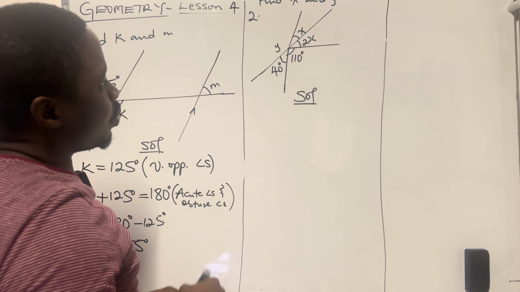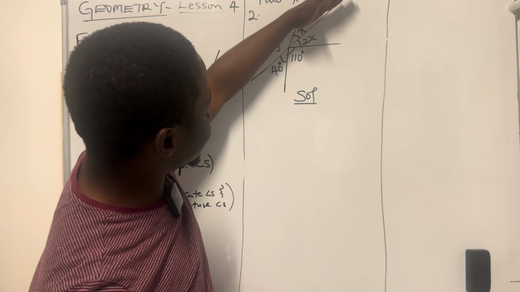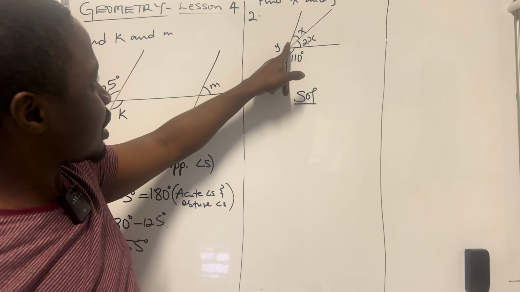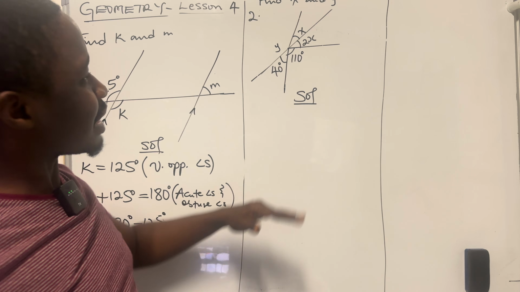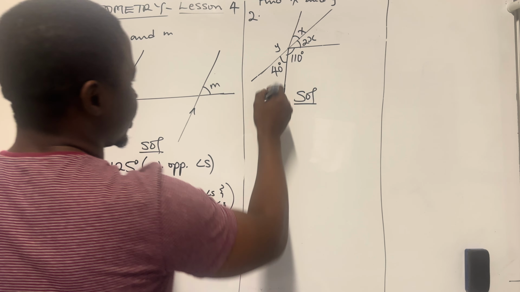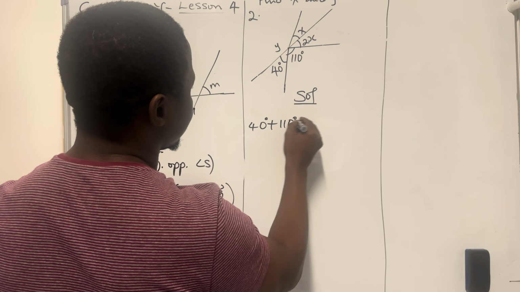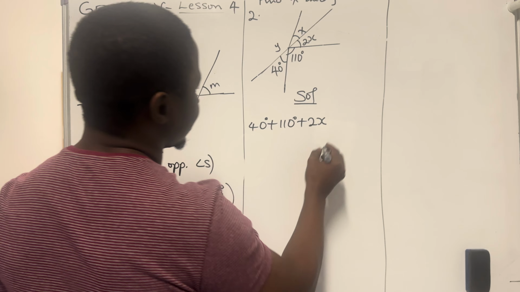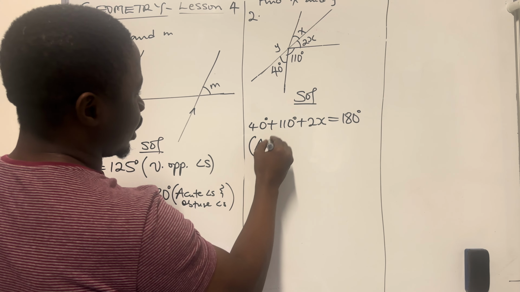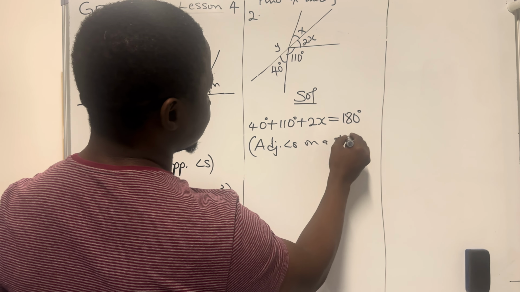Okay, so let us come to the other side of the straight line. Look at the same straight line. We have 2x, this vertex, 110, the same vertex, 40, the same vertex. I think we can use this side first to get this x. So we say 40 plus 110 plus 2x equals 180 degrees. What is the reason? They are adjacent angles on a straight line.